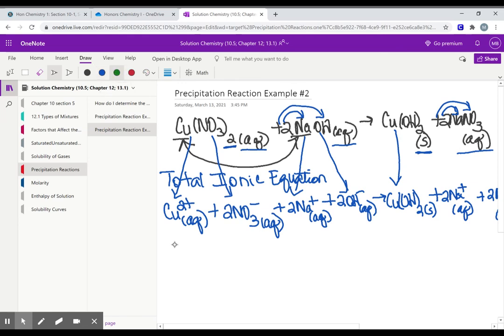All right. Our next step in this process is to identify spectator ions. Okay. So as a reminder, spectator ions appear as ions on both the reactant and product side, and they should match identically.